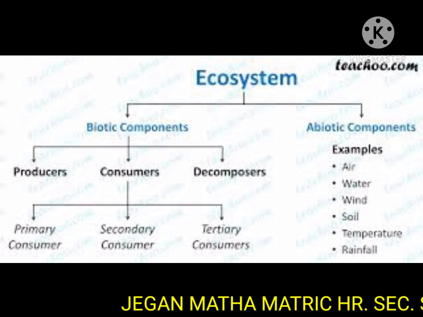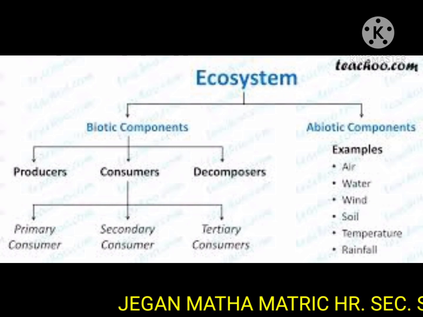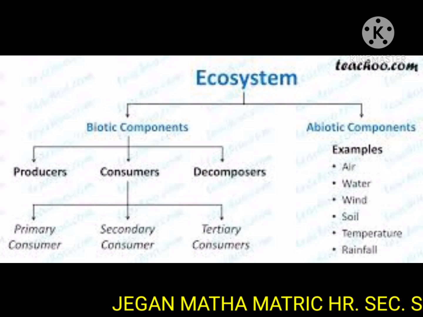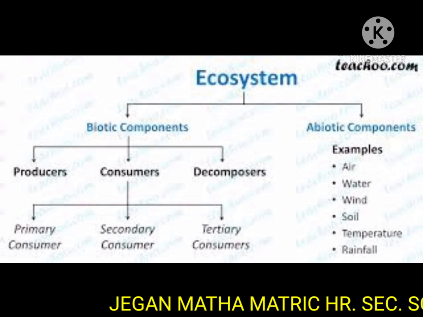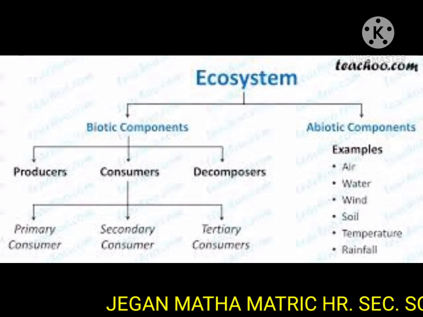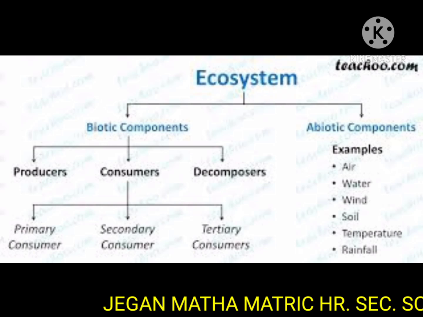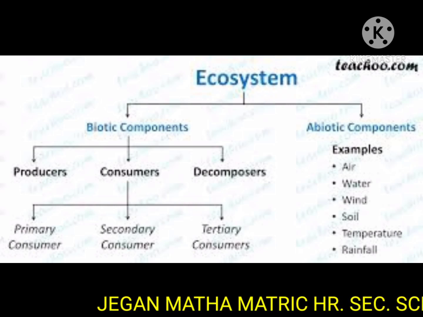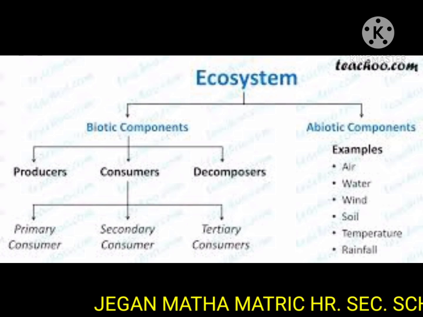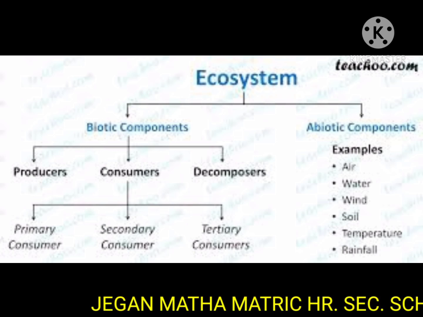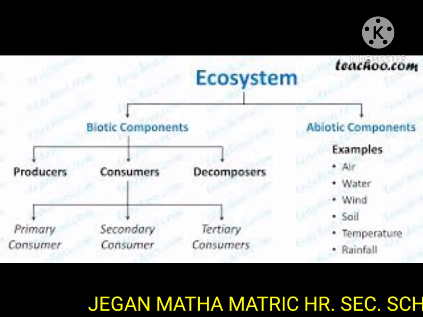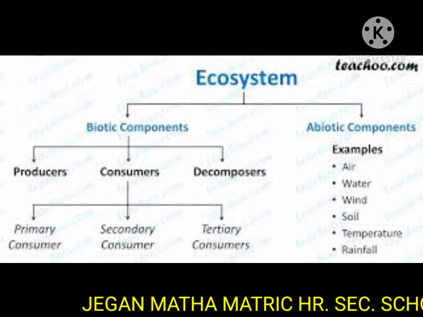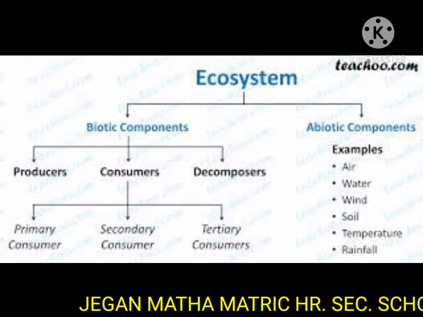Abiotic components have two types: physical factors and edaphic factors. Physical factors include light, temperature, wind, and humidity. Edaphic factors include water in soil, air in soil, and organic matter in soil.